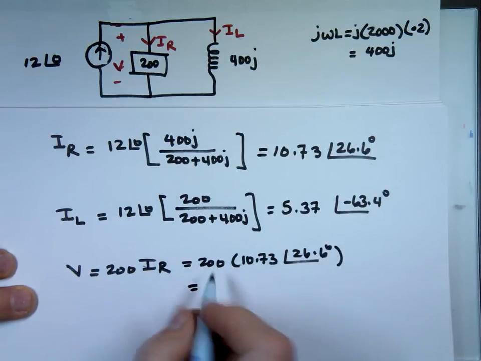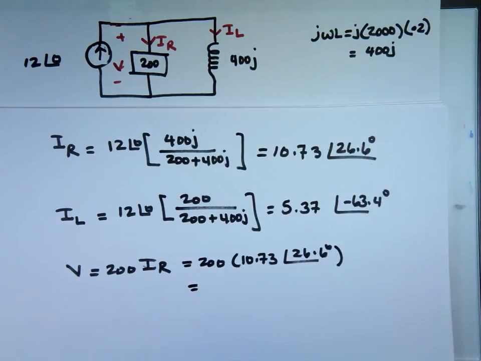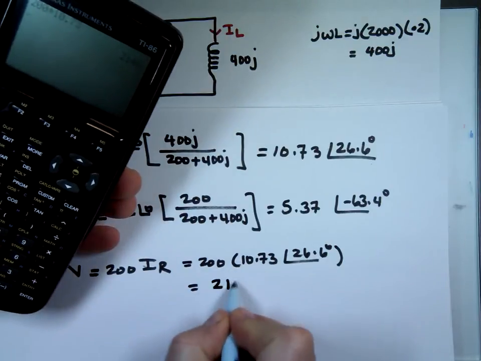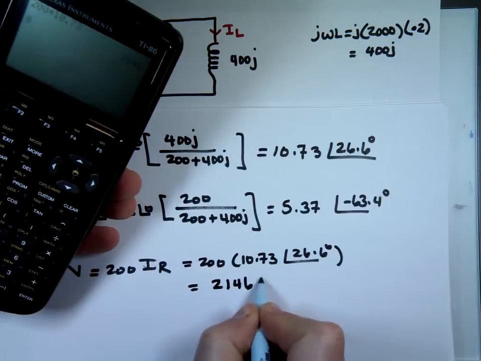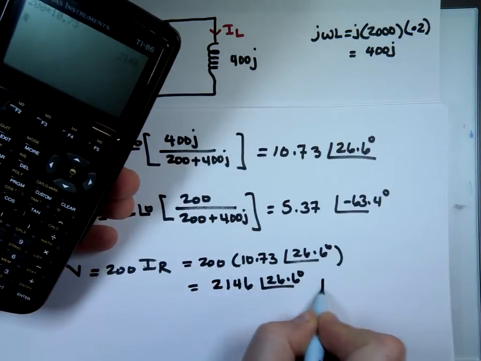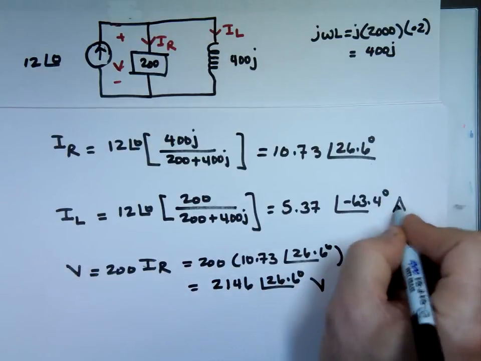So that voltage is what? 200 times 10.73, 2146 angle 26.6 degree volts. This is amps.